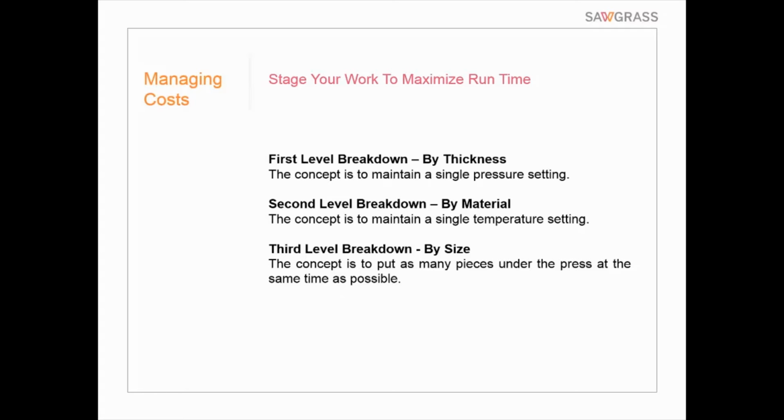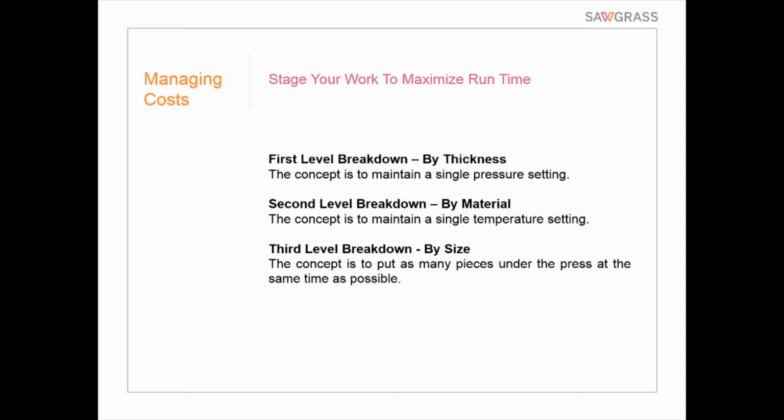I do a breakdown where I look at thickness, for example. I like to do all my thin stuff and all my thick stuff. Then I look at material. I like to do my metals together, my acrylics together, my woods together, that type of thing. And then I'll start looking at size as well, because remember, I can get multiple cell phone covers under the heat press at the same time.